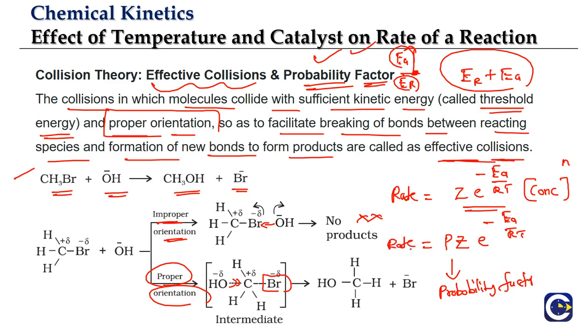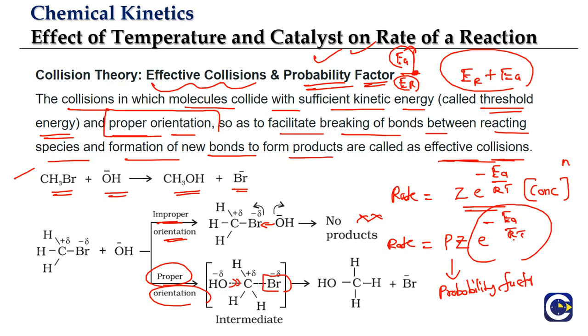So this is about the collision theory of the dependency of the rate of reaction on the temperature and activation energy. The dependency on activation energy and temperature, as we see in the other term, e to the power of minus Ea by RT, is very much similar between both the Arrhenius concept as well as the collision theory concept.